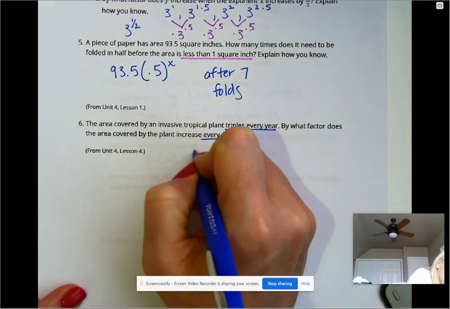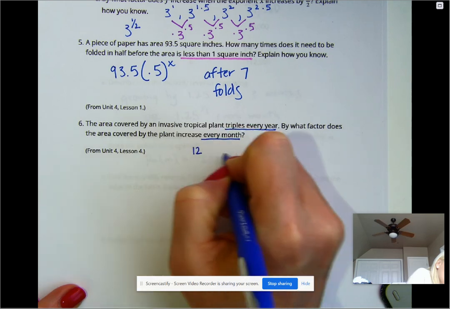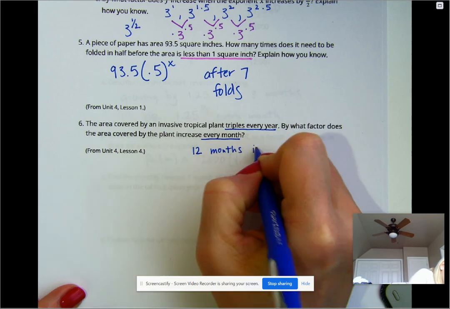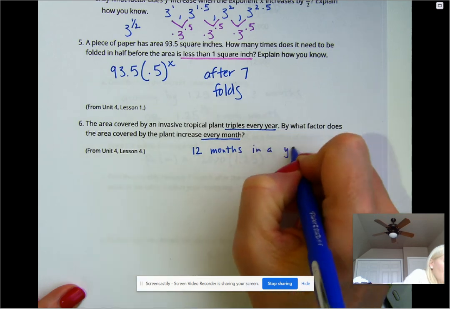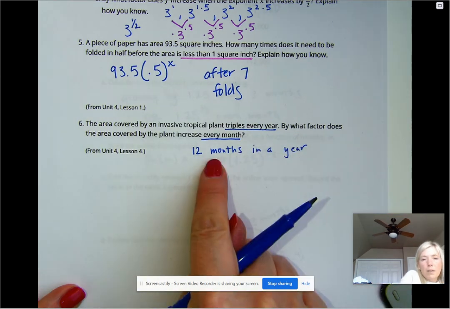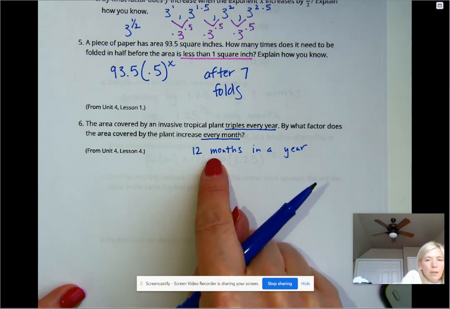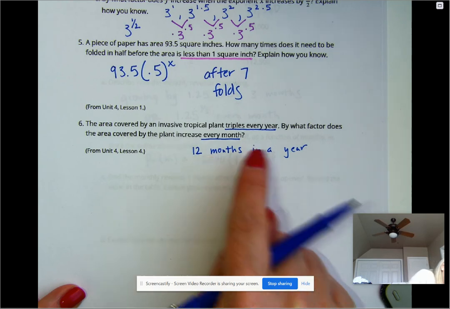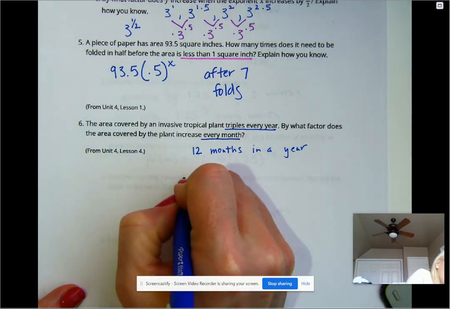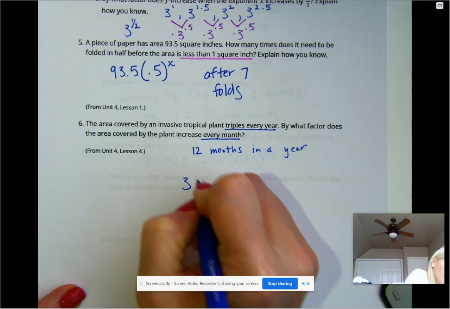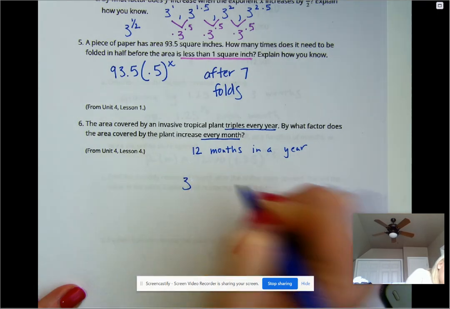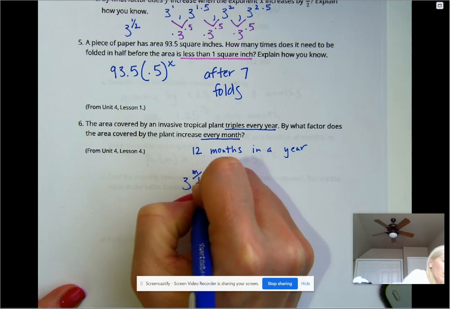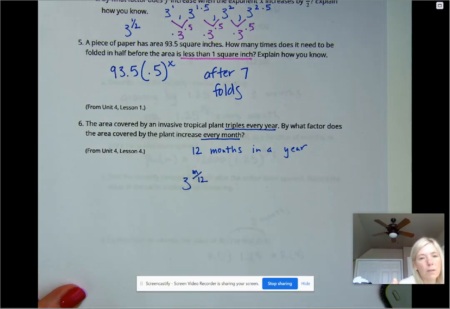Well, since there are 12 months in a year, each month it's going to be 1/12 of the year. So tripling means to multiply by 3, but if it's every month, it's going to be the number of months divided by 12 because there are 12 months in a year.